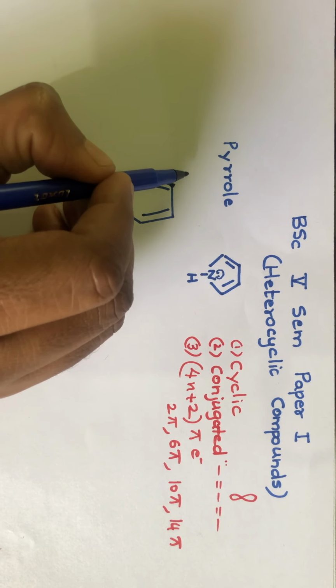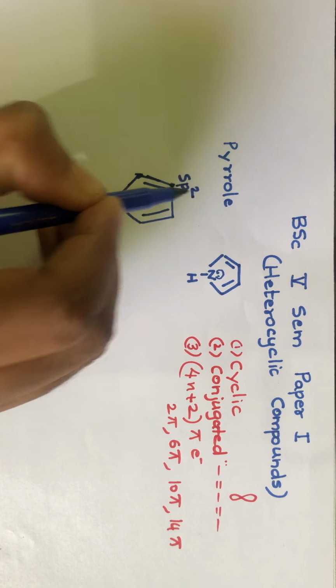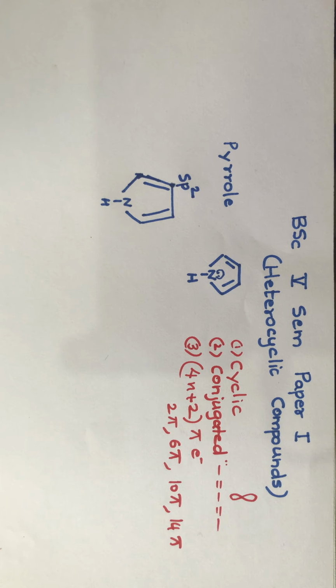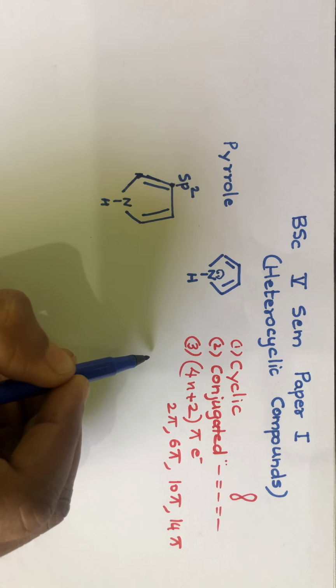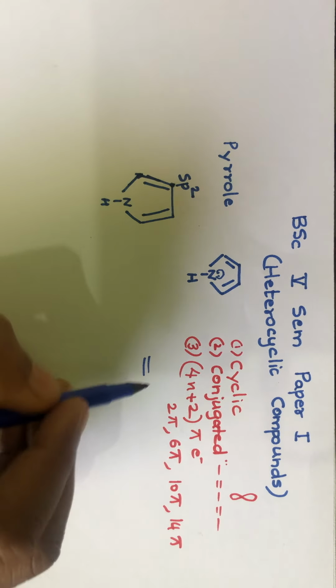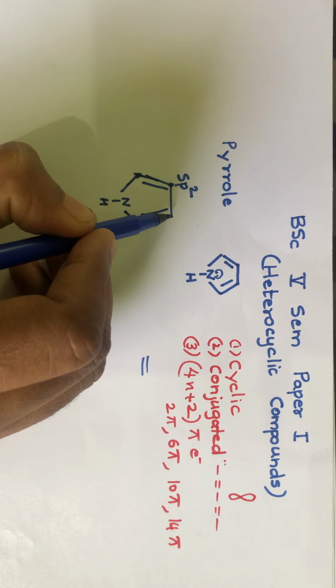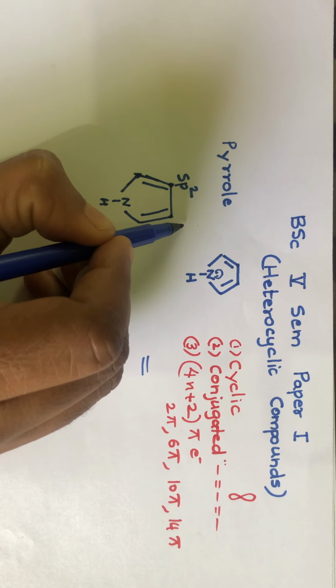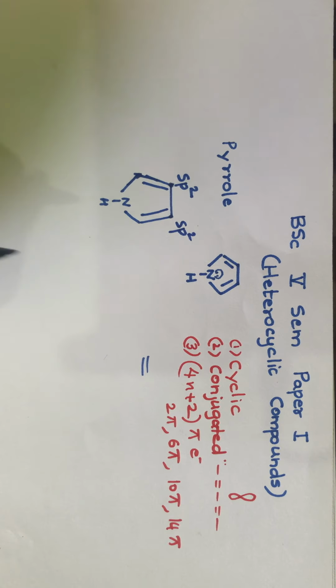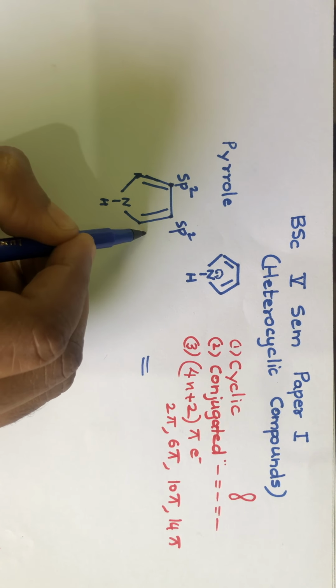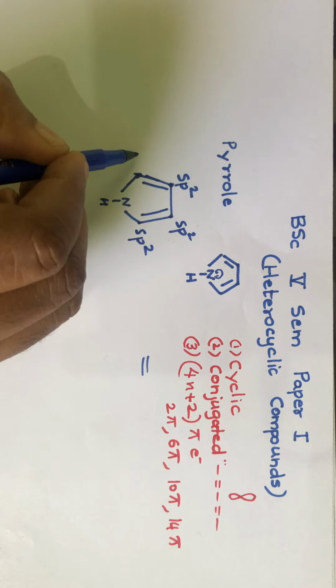This carbon is sp2 hybridized. We have done this in the last session: if a carbon forms a pi bond, then that carbon will be sp2 hybridized. If the carbon doesn't form a pi bond, that means all the 4 bonds formed by carbon are sigma, then it will be sp3. If it forms a pi bond, then it will be sp2. This carbon also has formed a pi bond here, so this is also sp2. This carbon also has formed a pi bond, so this also will be sp2.